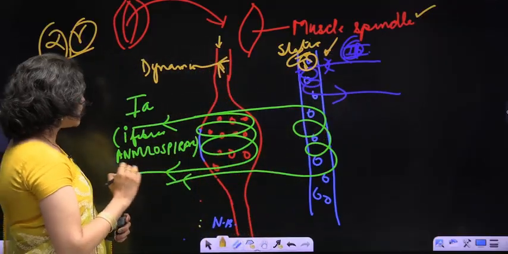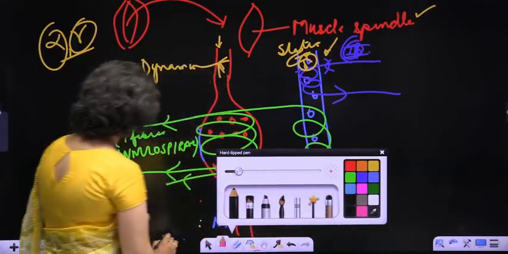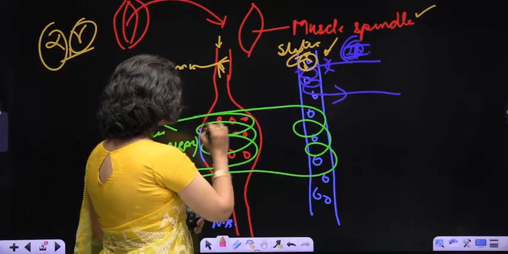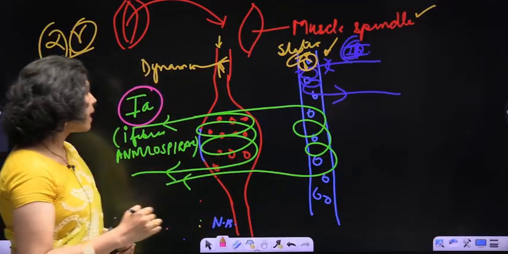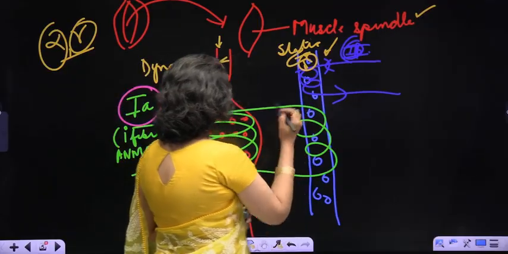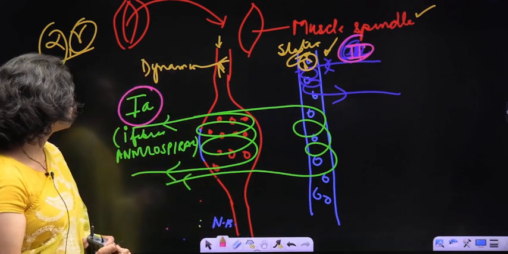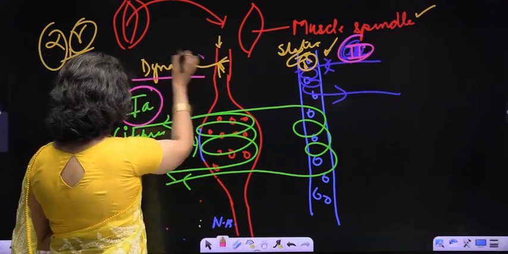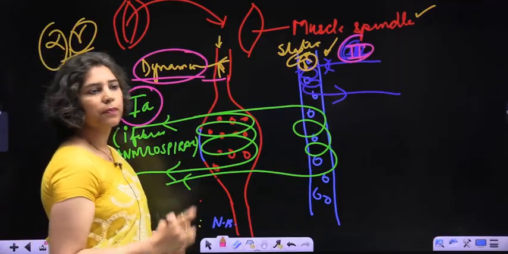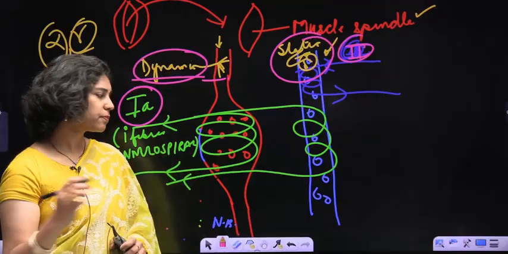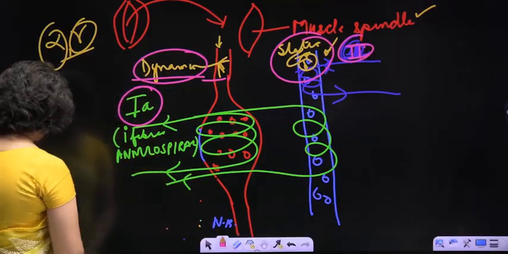Regarding the nerve supply, afferent 1A fibers take the afferents from the nuclear bag fibers and the nuclear chain fibers, whereas type 2 fibers take the afferent from the nuclear chain fibers. Regarding the efferent supply, dynamic gamma goes towards dynamic nuclear bag fibers and static gamma goes to the nuclear chain fibers and the static nuclear bag fibers. Now let us discuss the entire mechanism behind this stretch reflex.